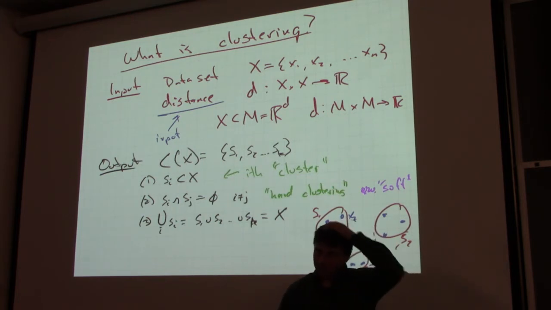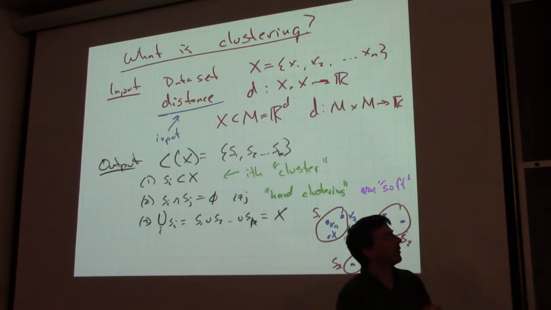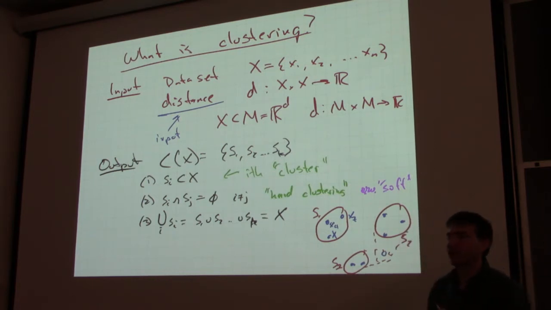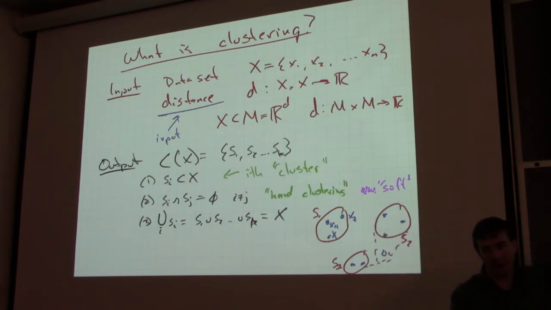Okay, so this is clustering, but there are lots of ways of partitioning a data set into k different pieces. So this has not really told us how to use this distance function. I haven't really told you what the right objective is, although it usually follows this pattern.